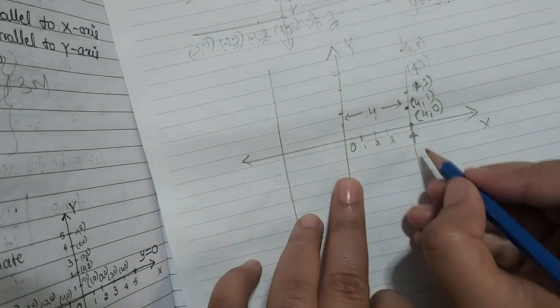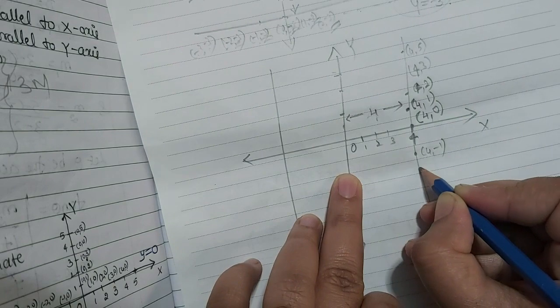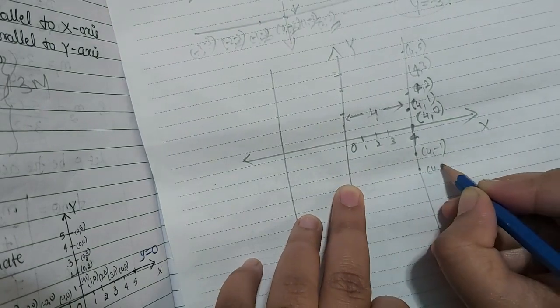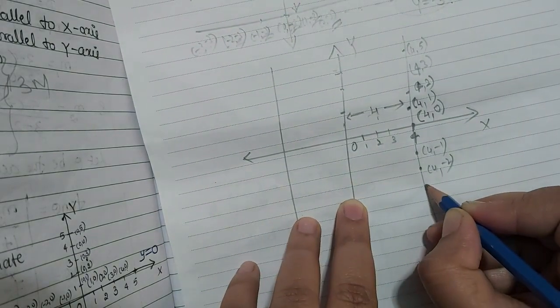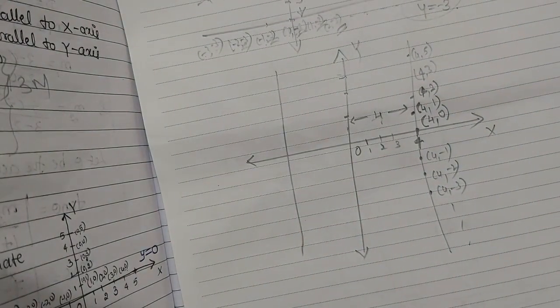Suppose if you consider x is 4, y is -1; x is 4, y is -2; x is 4, y is -3, and so on. So what is the general concept or the general condition we can see in the given points?